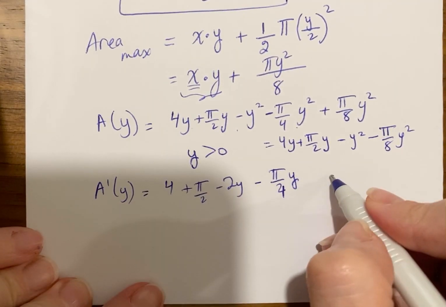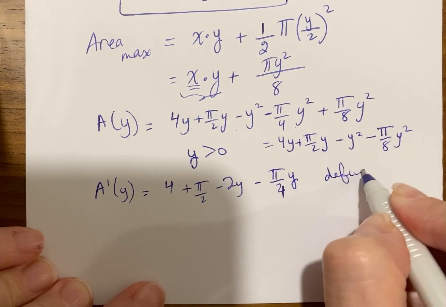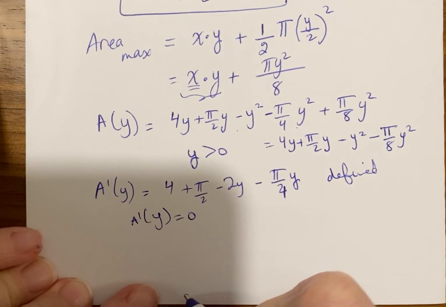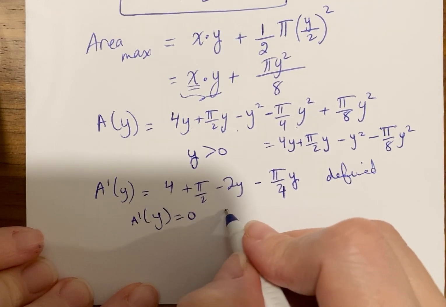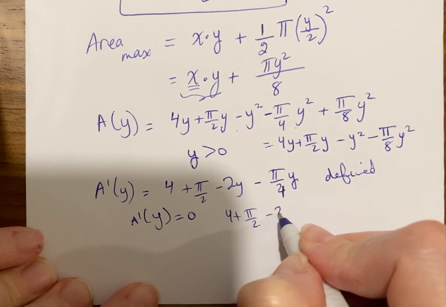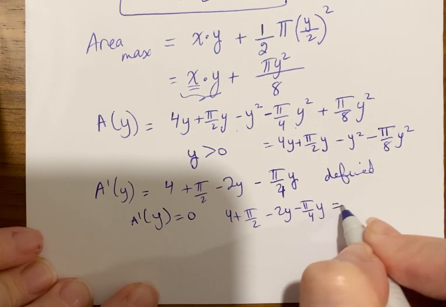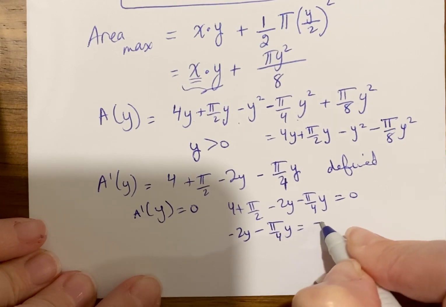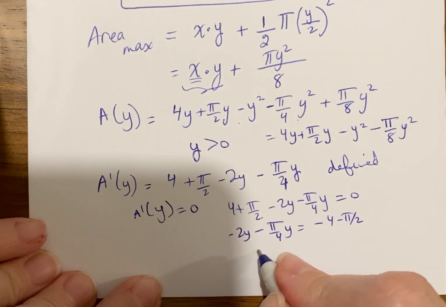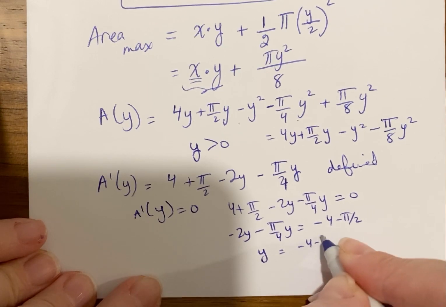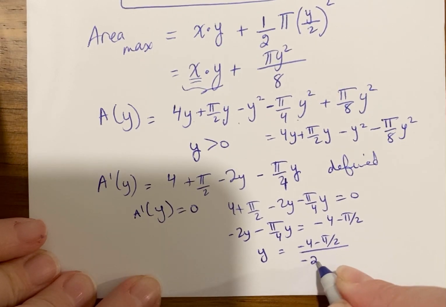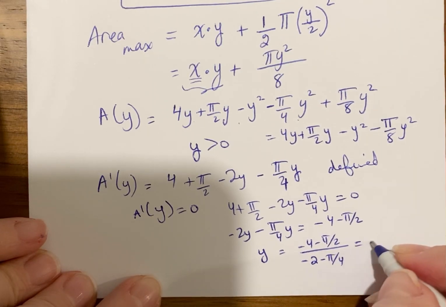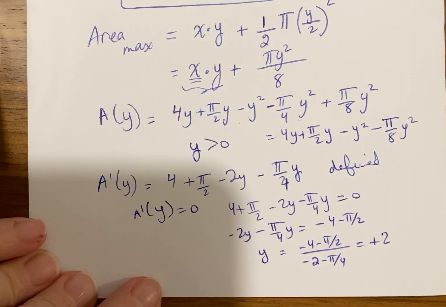This is always defined. It's a polynomial, linear. The only thing I can find is zeros. This will be 4 plus pi over 2 minus 2y minus pi over 4 y equals 0. So minus 2y minus pi over 4 y is equal to minus 4 minus pi over 2. This means that y equals minus 4 minus pi over 2 divided by minus 2 minus pi over 4. This is twice that, so the answer is plus 2.